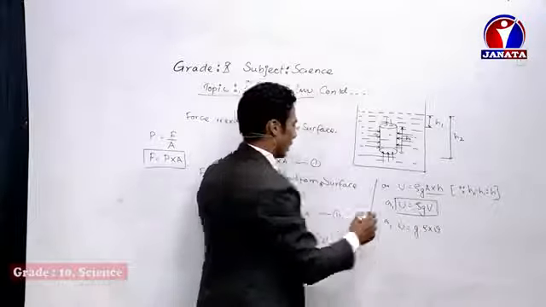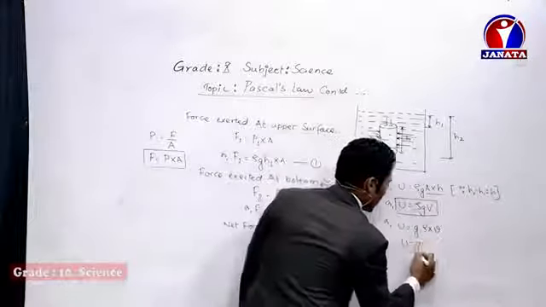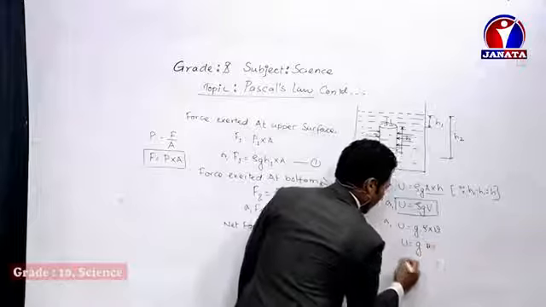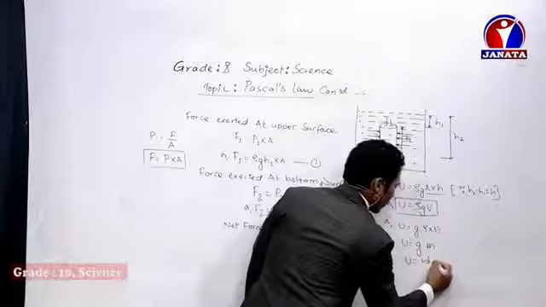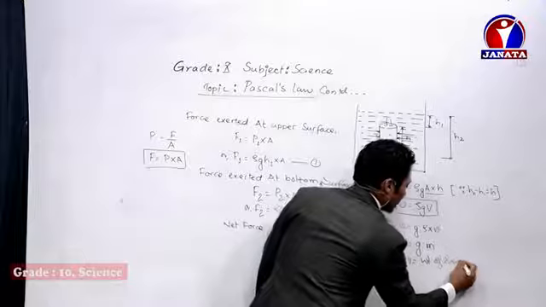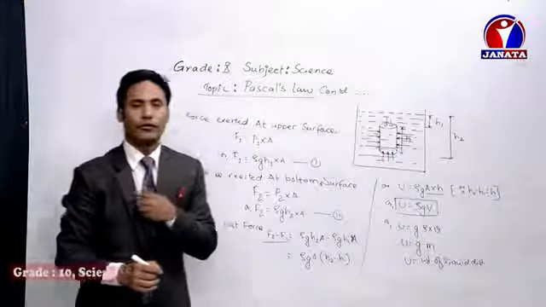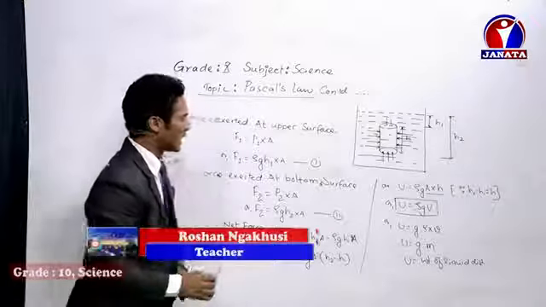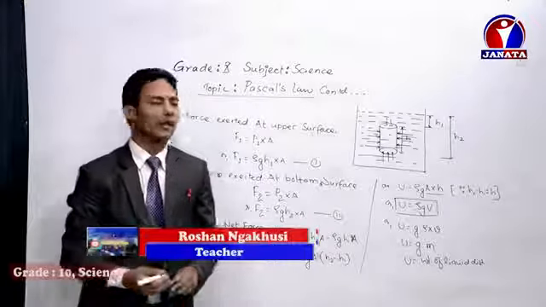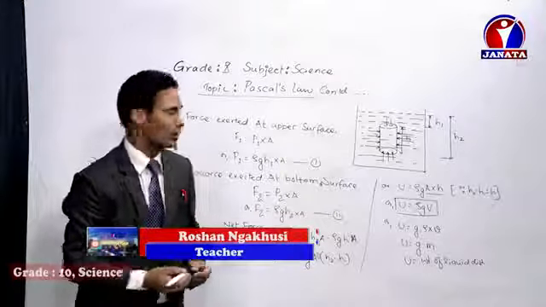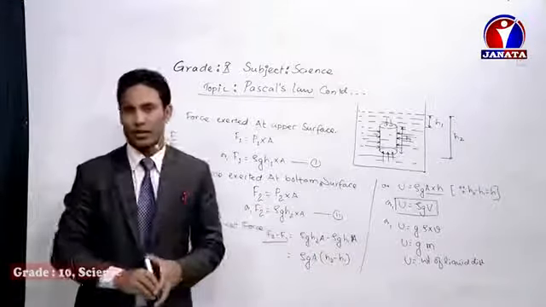That means we can write upthrust equals rho V into g, which is mass times g. Therefore, upthrust equals the weight of liquid displaced. So this is the theoretical proof, and in the upcoming class we will discuss the experimental verification for this Archimedes principle.